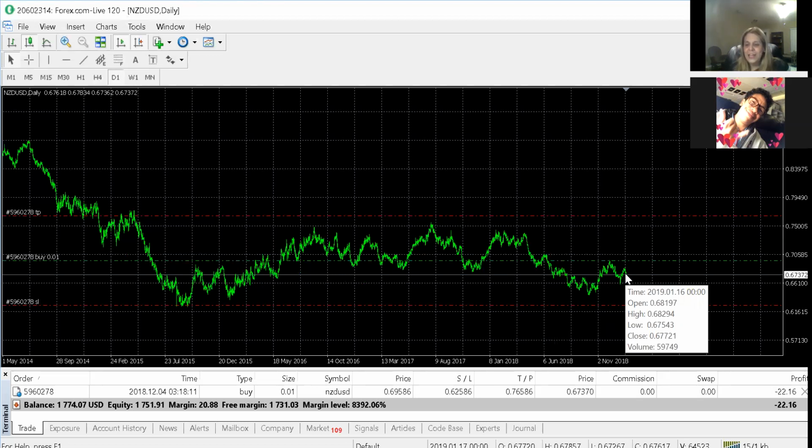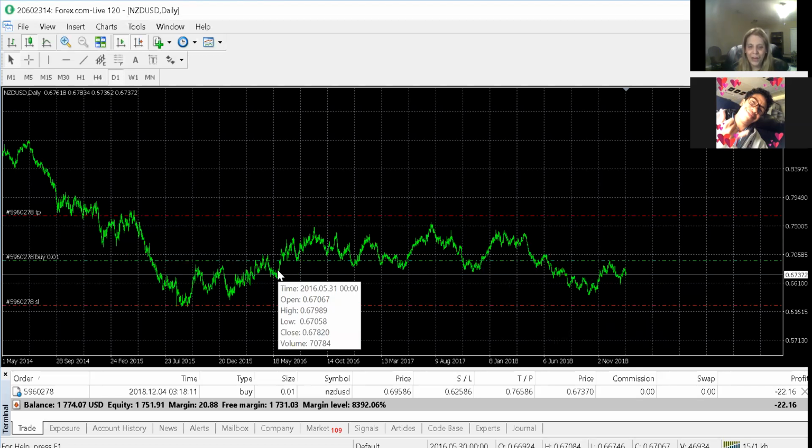And as you can see, I take my cursor and I run it to the left until I have pretty much the same pattern as previously, which I would say is right about here. Right there.